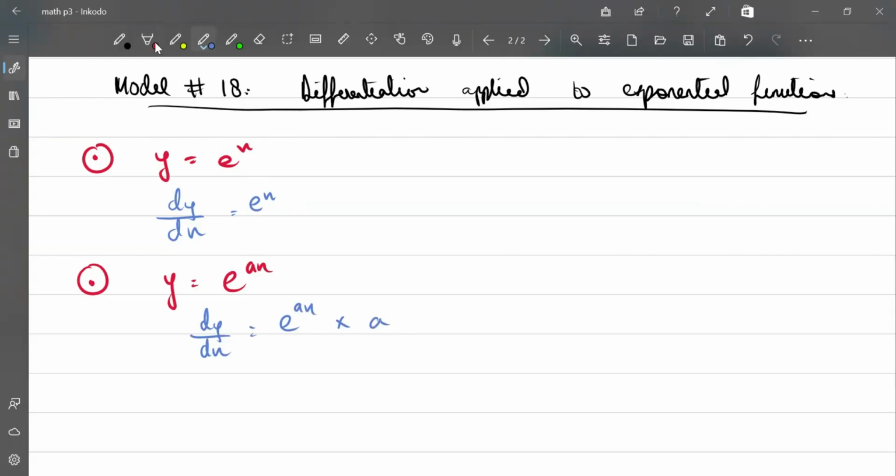As a general rule, you should remember that when y is equal to e^(f(x)), dy/dx is equal to e^(f(x)) into f'(x).